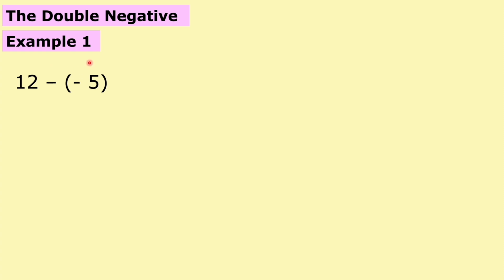That is the same as adding. If I'm moving right on the number line, that's the same as adding. So I'm going to rewrite 12 add 5. And then I can calculate that simply as 17. So I've just swapped out this double negative for an add, and then I've gone ahead and calculated that.